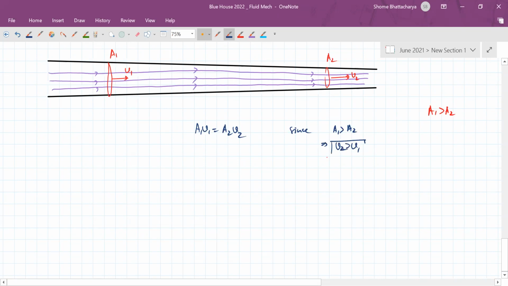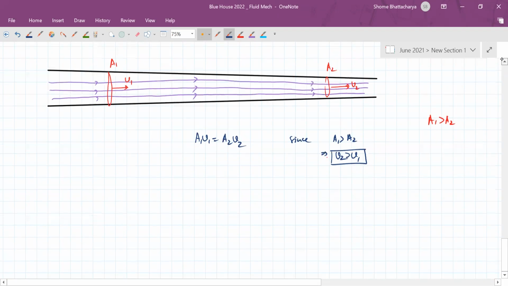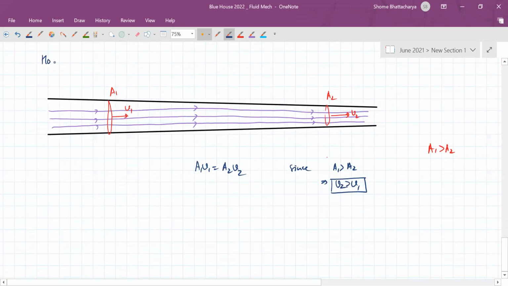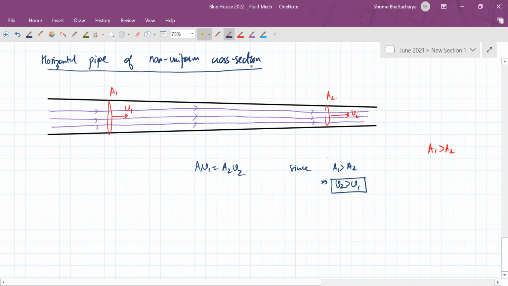So in this kind of situation, where we have a horizontal pipe but of non-uniform cross section, we will see that the speed of flow is non-uniform, which means that there is some kind of acceleration involved.